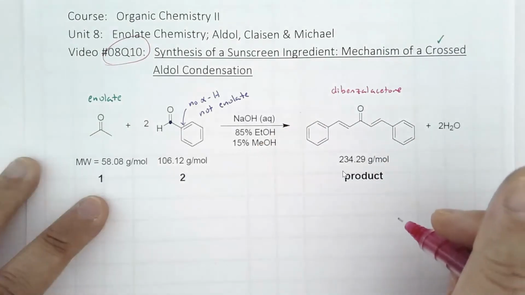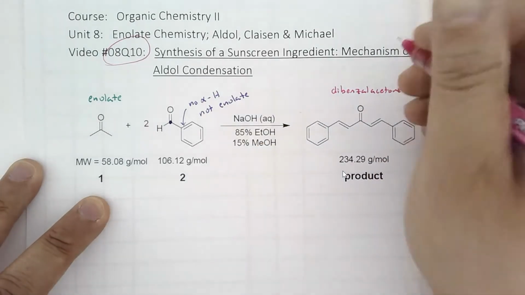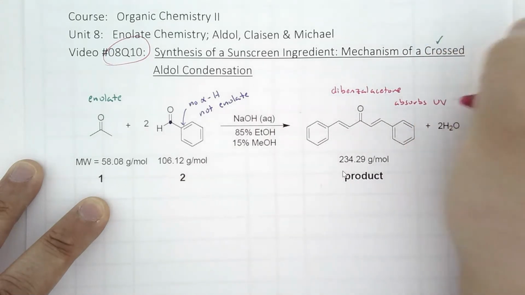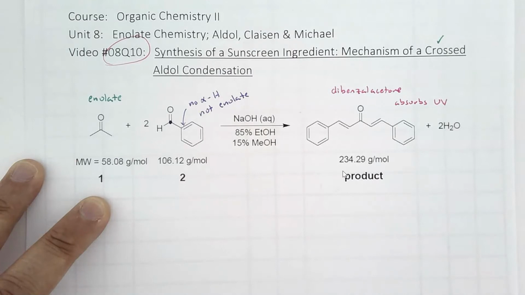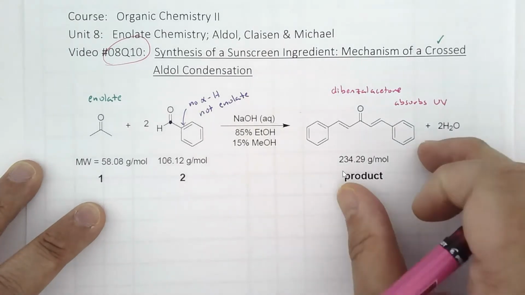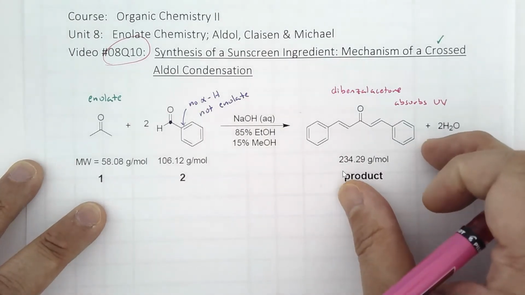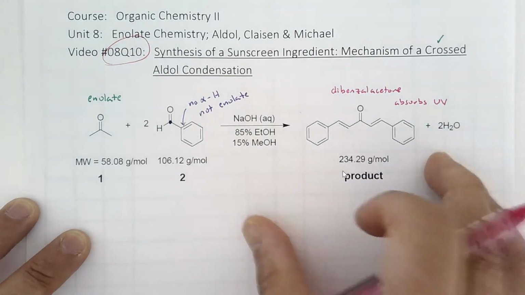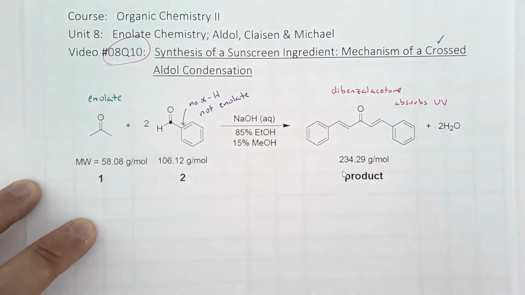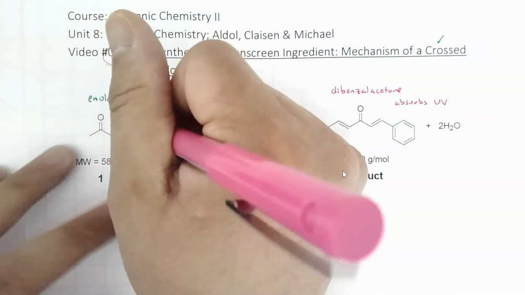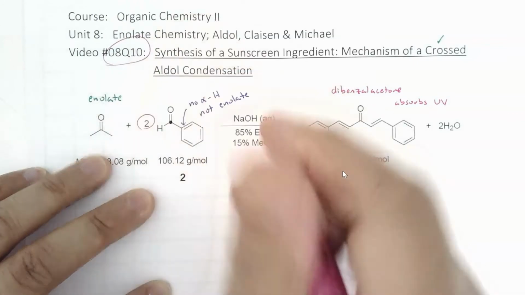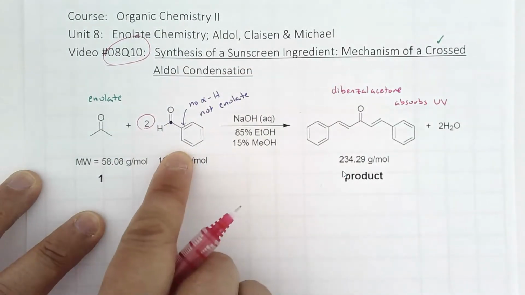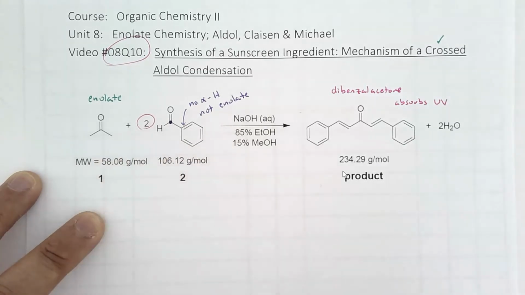It's a good sunscreen ingredient because it absorbs UV light. And the students in lab who are making this will see under UV light that it absorbs very, very well via TLC. The other thing you want to realize about this experiment, if you're making a stoichiometry table, is that it requires two molecules of, this is benzaldehyde, to react with one molecule of acetone.